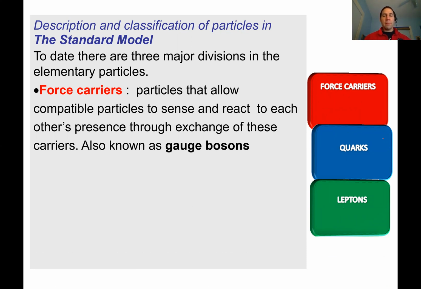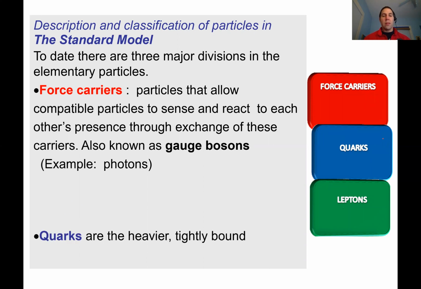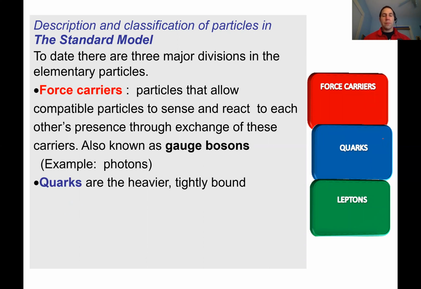What we believe now, and I'll talk about this more in a slide a little later on, is that when we say particles are experiencing a force, they're actually exchanging these other particles, which are called force carriers. Another word you'll often hear is gauge bosons. One example of a gauge boson is a photon, a packet of energy in the form of a light wave. That is one example of a force carrier.